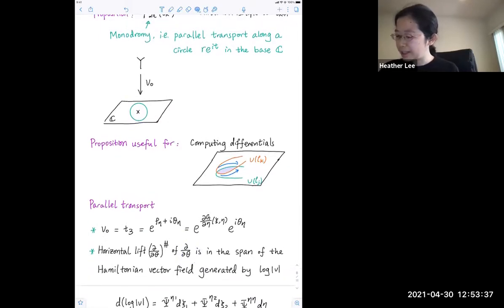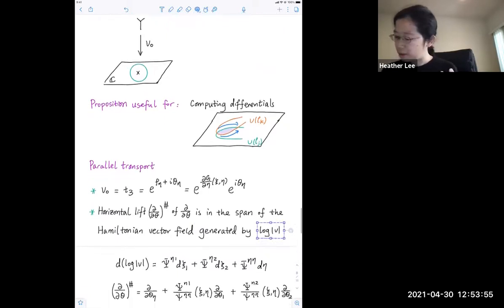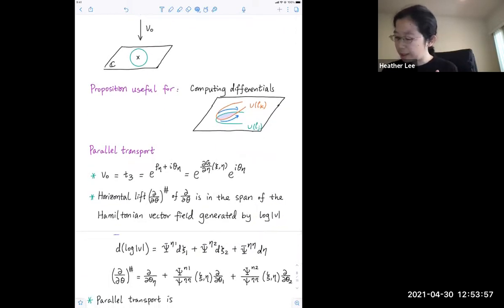If we take d/dθ, which is a vector field along the circle, the tangent vectors along the circle, and look at the horizontal lift of this, that lift is in the span of the Hamiltonian vector field generated by log of the norm of V.